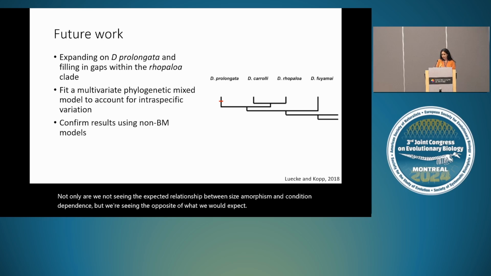So there's clearly something really interesting going on in Drosophila prolongata, and so I've just finished an experiment where I've repeated this condition manipulation in prolongata and closely related species to try to fill in that gap and maybe try to get an idea of how this trait is evolving.